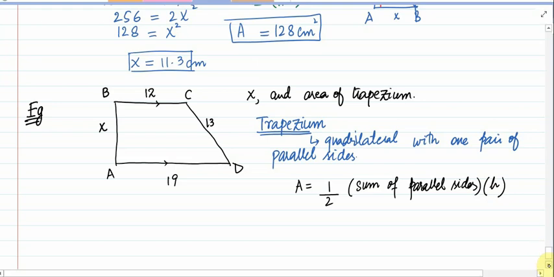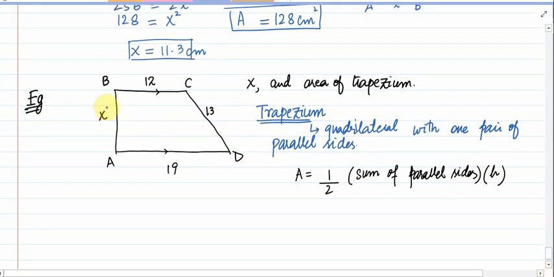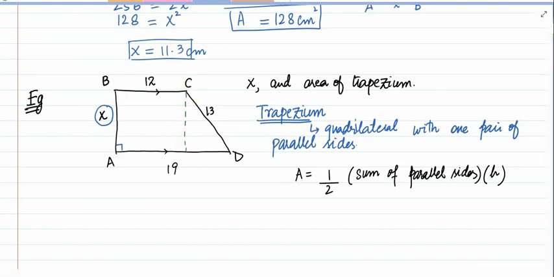So in our case, basically X is unknown, right? And X is our height in this case. Now if I draw a line from this point C to the line AD, if AB is X, that means this line will also be X, right?